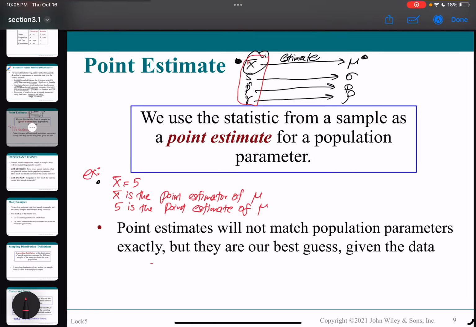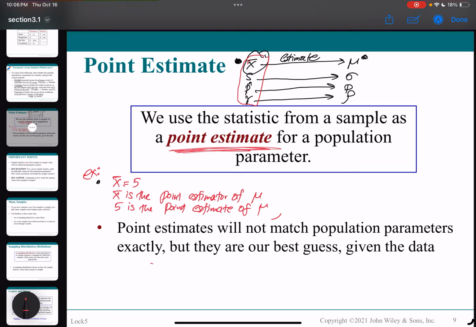In statistics, point estimators and point estimates have a difference. The notation x bar is the point estimator that holds the value, and the value is the point estimate. The definition here is based on the point estimate, the value. But in this course it's not a big deal for me. Although you mention point estimator or point estimate, I know what you are talking about, so don't make things too hard in this course.